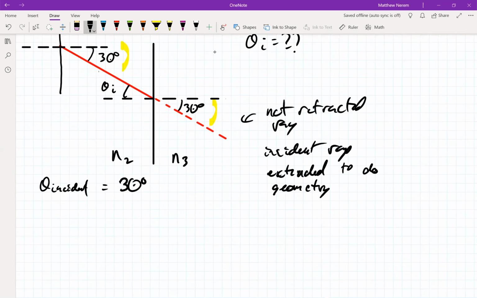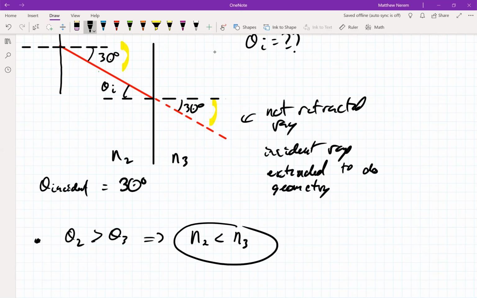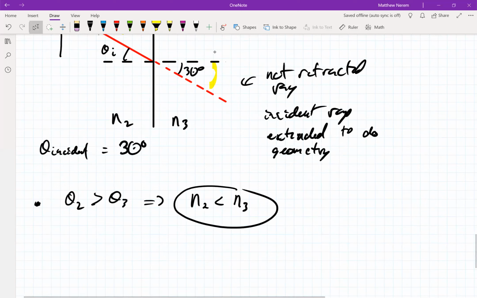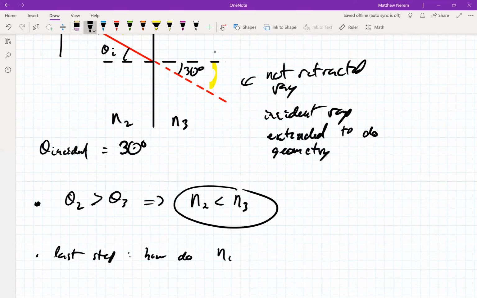And now we can repeat the incident and refracted angle comparison to get the comparison on the indexes of refraction. So I can say, look, theta 2 is greater than theta 3. Therefore, n2 has to be less than n3. All right. Last step. How do n1 and n3 compare to each other?